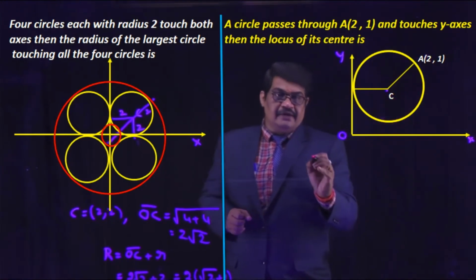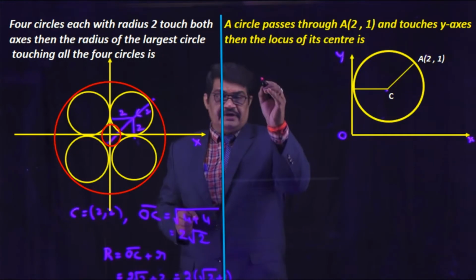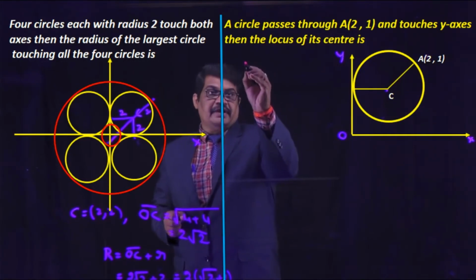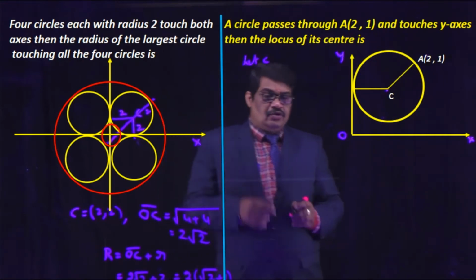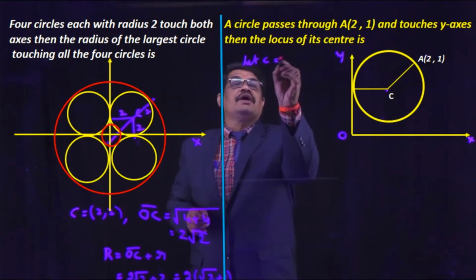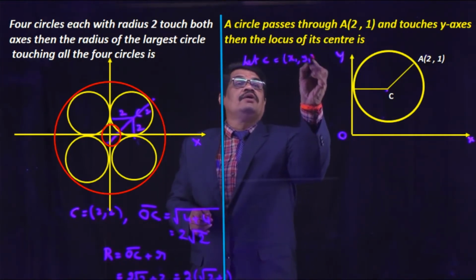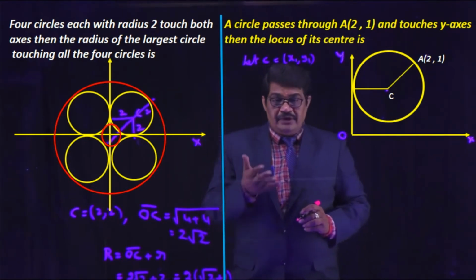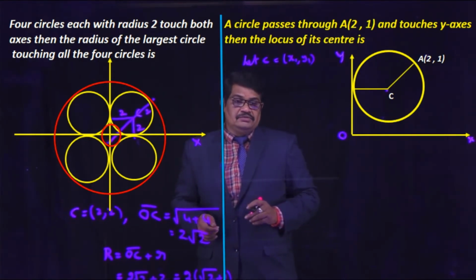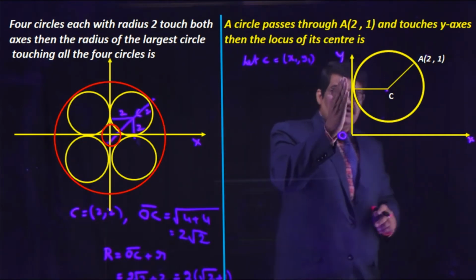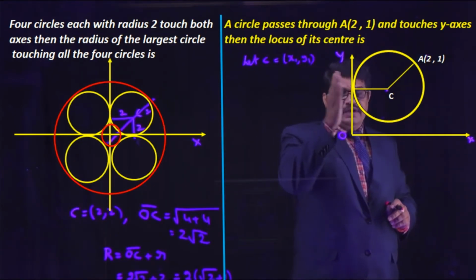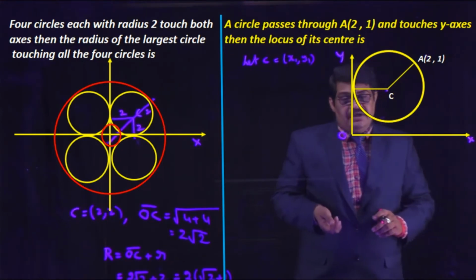Let C (x1, y1) be the locus point. Here the circle touches the y-axis. Then what is the radius of the circle?